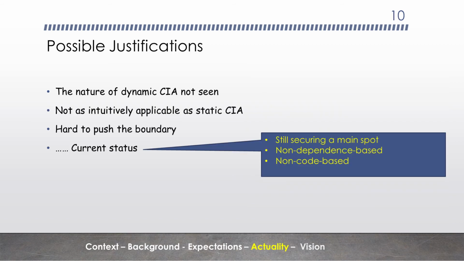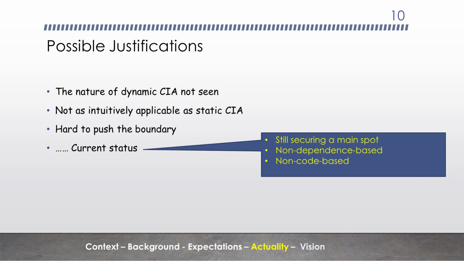We believe one reason is that the nature of dynamic CIA, which is a dynamic dependence analysis at the core, has not been well recognized. Another reason is possibly that dynamic CIA may not be as intuitively applicable as static approaches because it works with respect to particular program executions. However, for scenarios like regression testing and debugging, the focus is indeed on particular program executions.